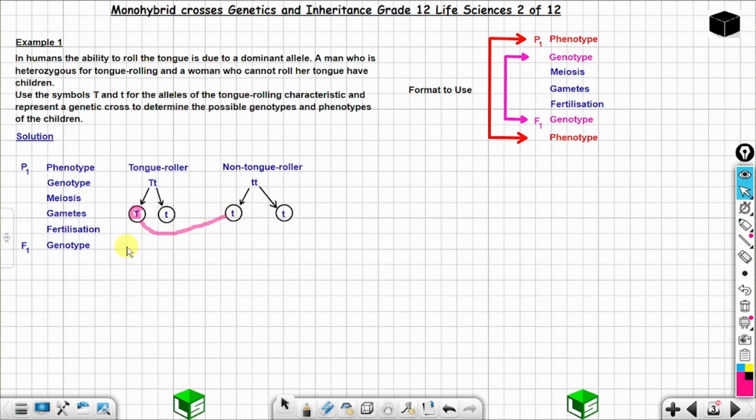Now you have this. Okay, this and this. Always write the dominant allele first whenever you have heterozygous condition. The dominant allele is always written using a capital letter. The recessive allele is always written using a lowercase letter. So always write the dominant allele first whenever you have heterozygous condition. Okay, so you carry on.